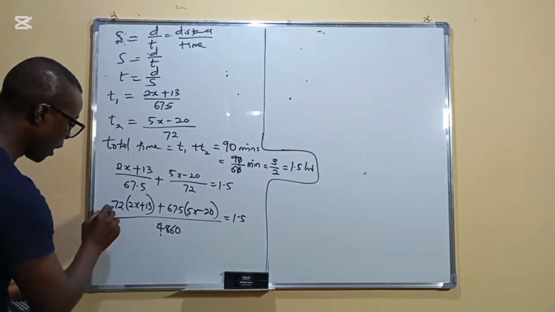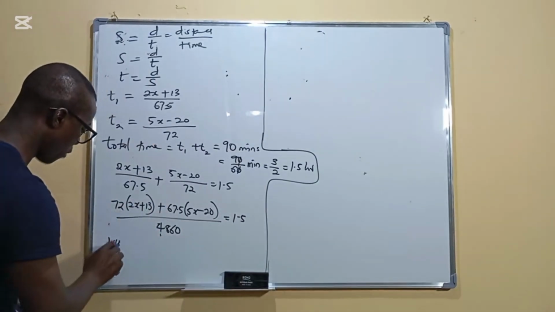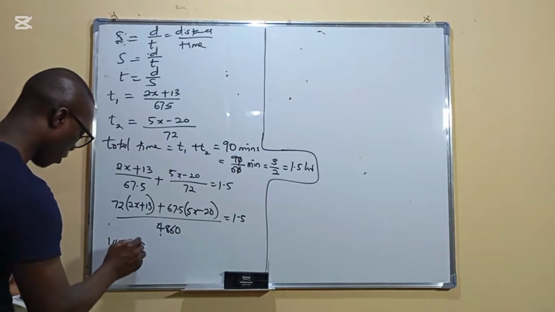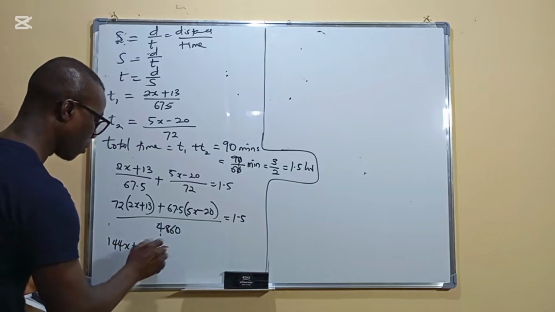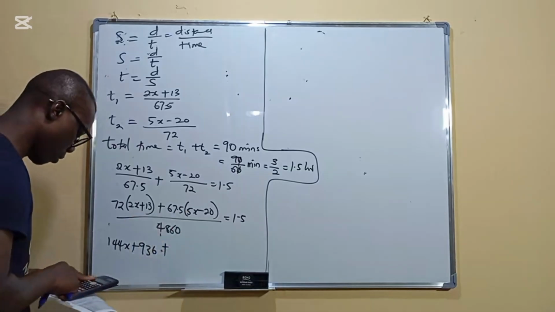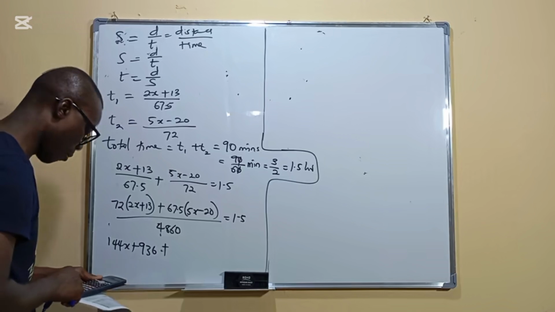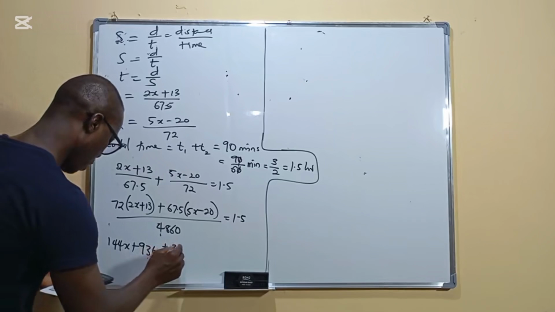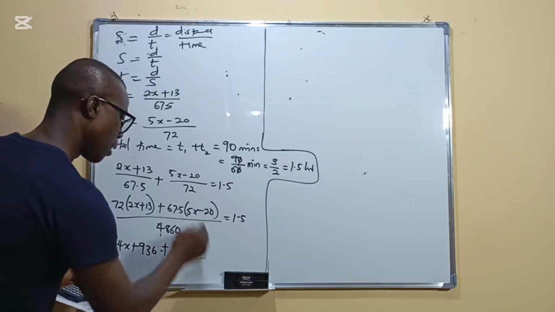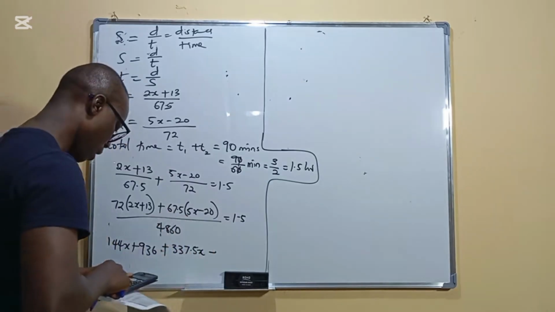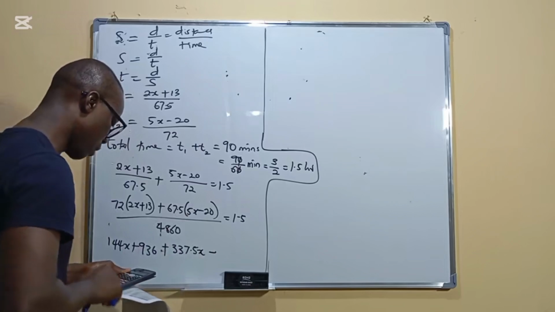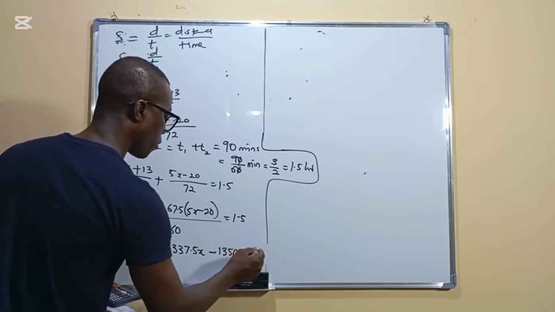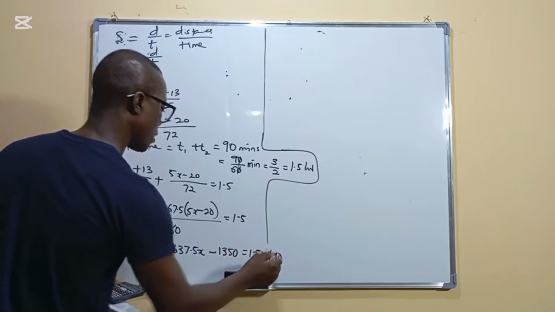On opening this bracket, 72 times 2x will give me 144x plus, and then I'm going to have 72 times 13, and that will give me 936, and now this will be plus 67.5 times 5x, and that will give me 337.5x, and then minus 67.5 times 20, and that will give us 1350, which will be equal to 1.5 times 4860.